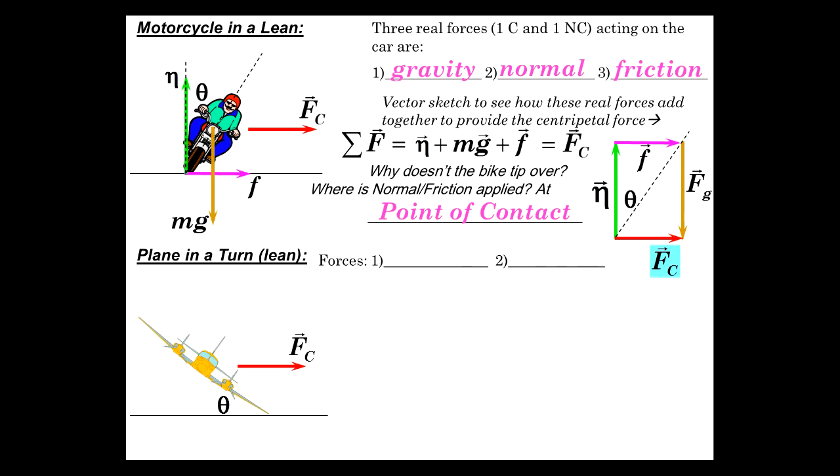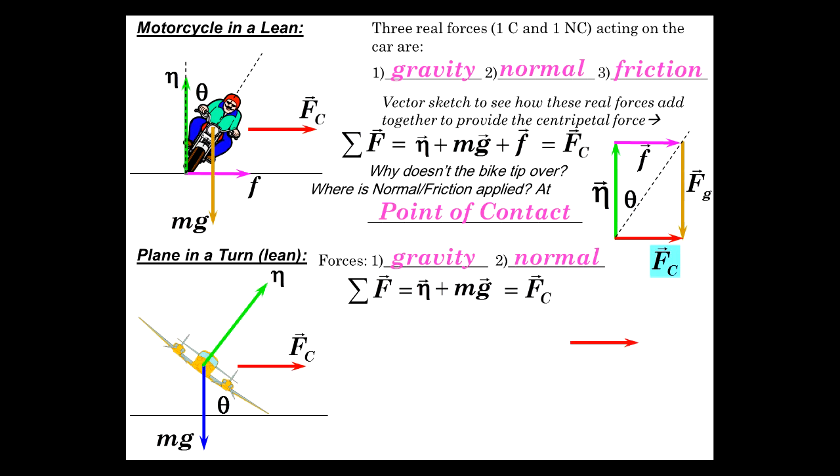So coming at you and then swinging around, but staying at the same elevation, pointing inward. Forces are gravity and normal. Now, normal in this case is going to be, if it's not the table down here, the surface. What's the surface? It's an air surface. So let's consider that. So there's weight, and then we have normal.